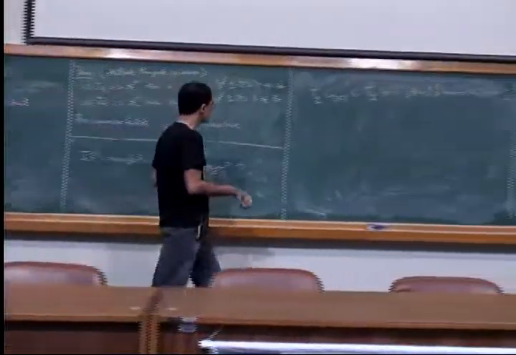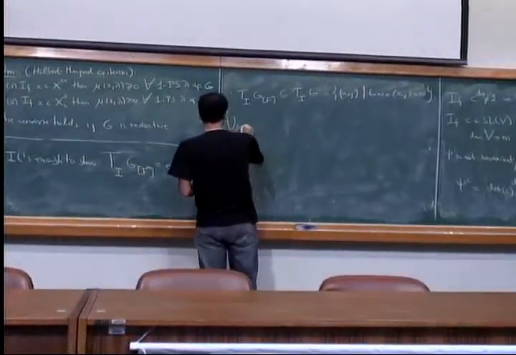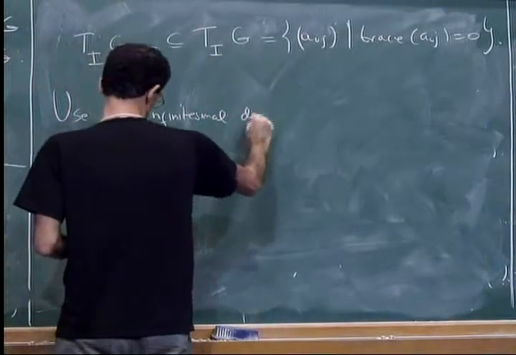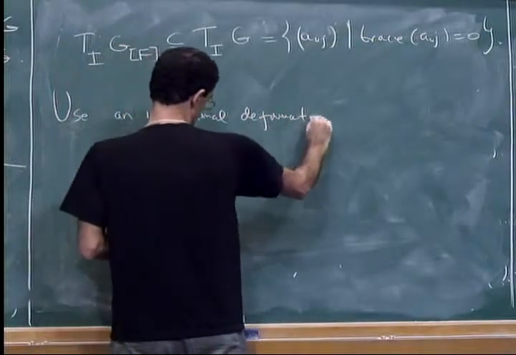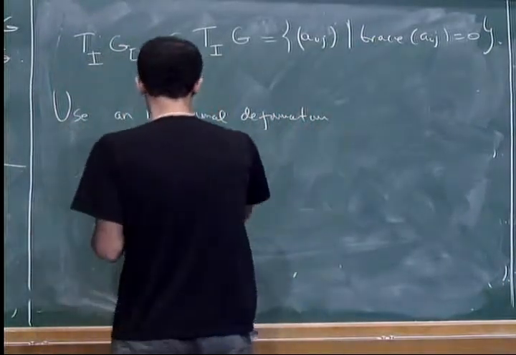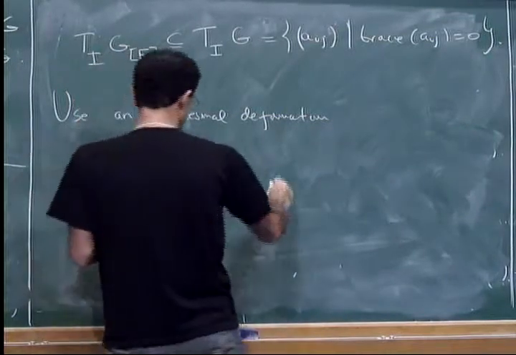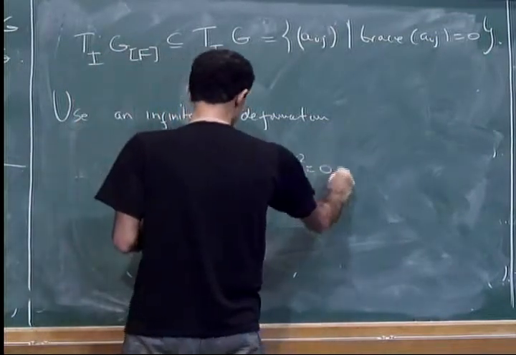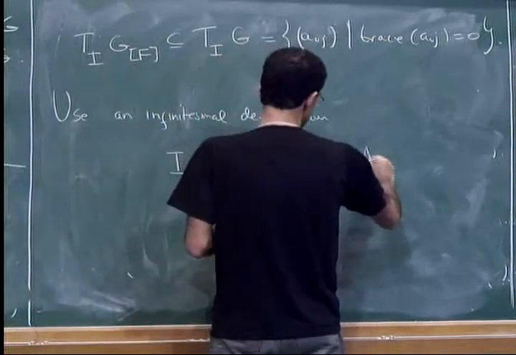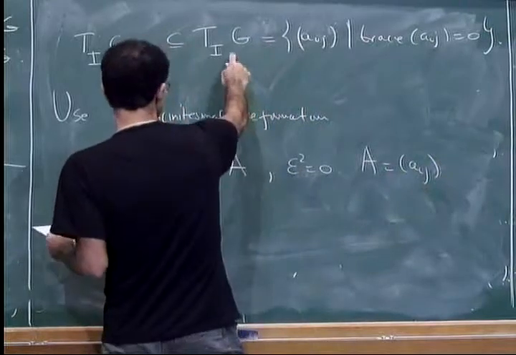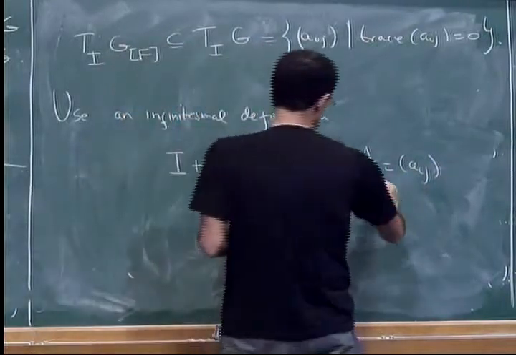So what we're going to use is an infinitesimal deformation of the identity. Right? Where epsilon square is 0, and this is a matrix which we already know, actually, to be in here, then that matrix has to be trace 0.